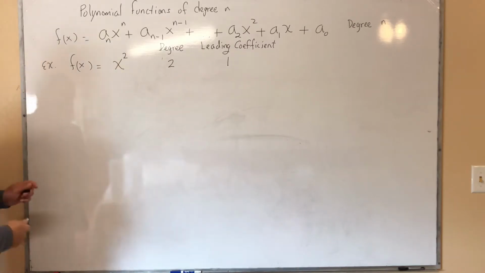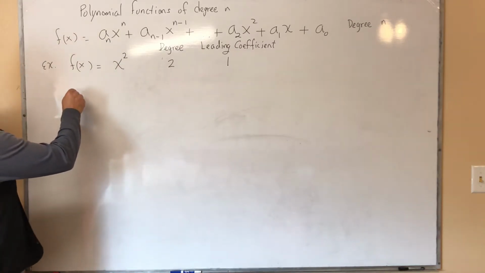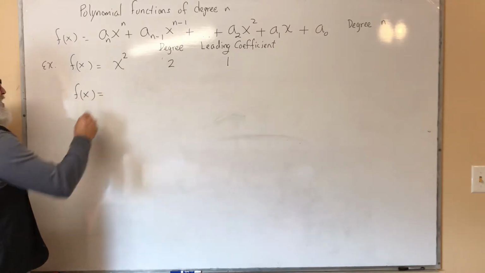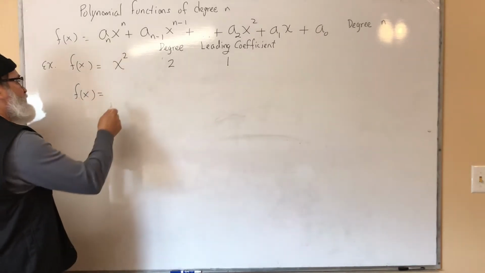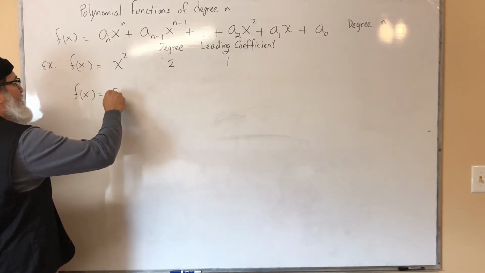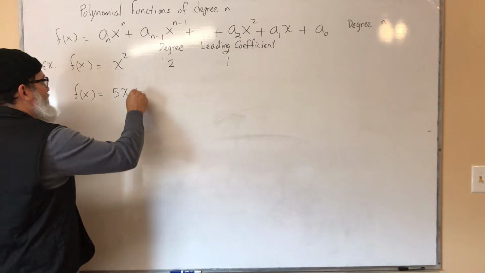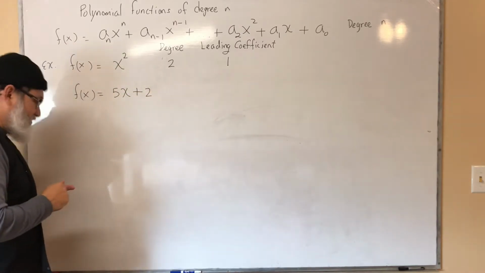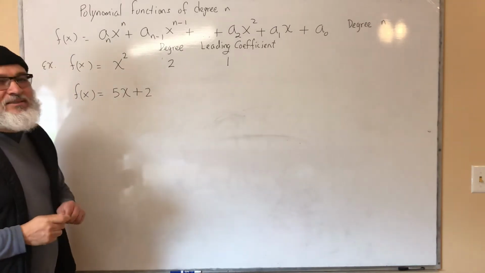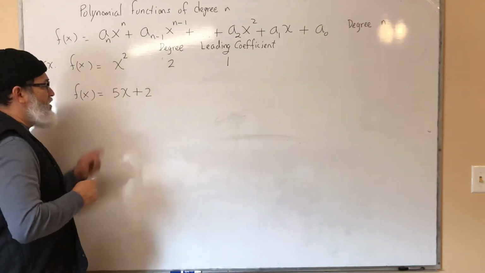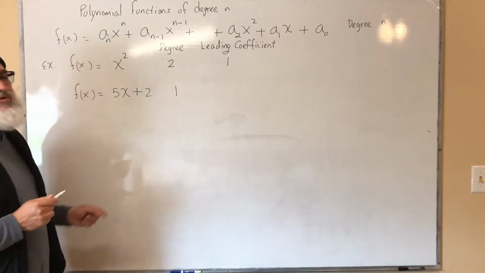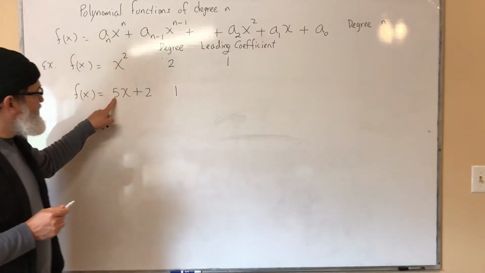Okay, here's another example. f of x equals 5x plus 2. This is a polynomial function of degree what? Power, degree 1. And what's the leading coefficient? 5.